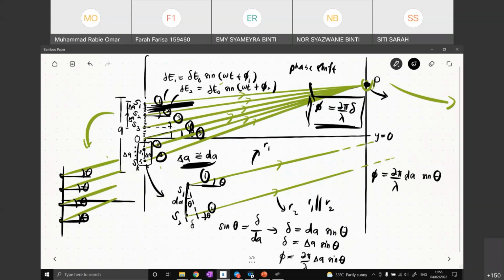I repeat again, d is not a variable. I know you are first year students, and I'm willing to repeat this again and again. This is calculus, so this is not the distance or whatsoever. This d is the differential operator.